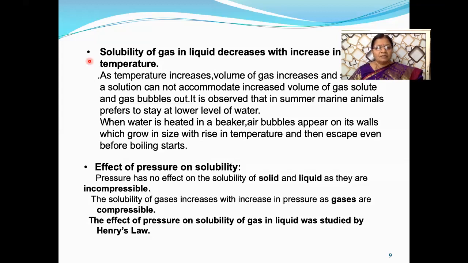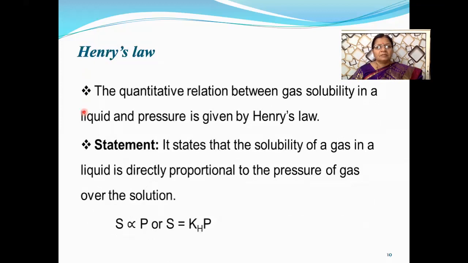Next, Henry's law states that the solubility of gas in a liquid solvent is directly proportional to the pressure of the gas over the solution.